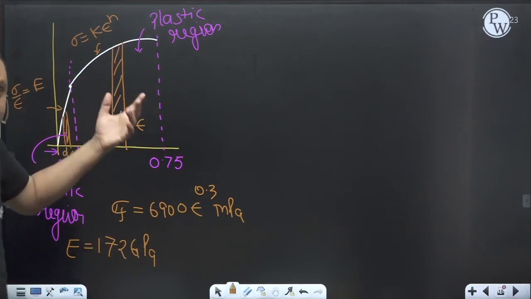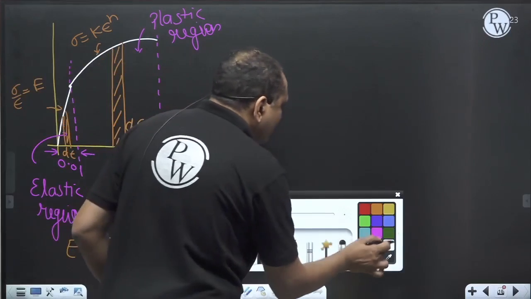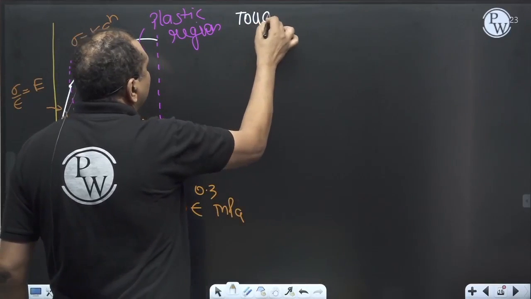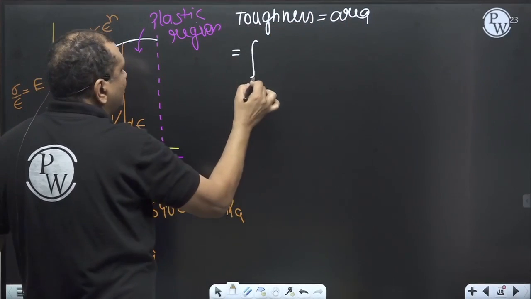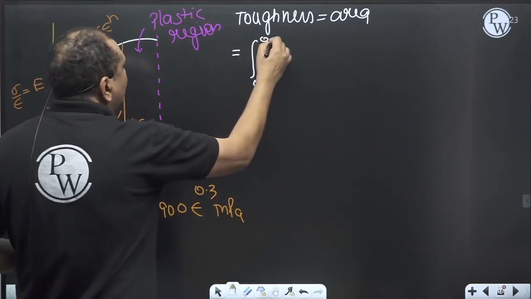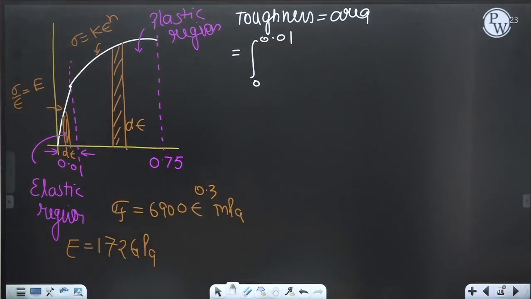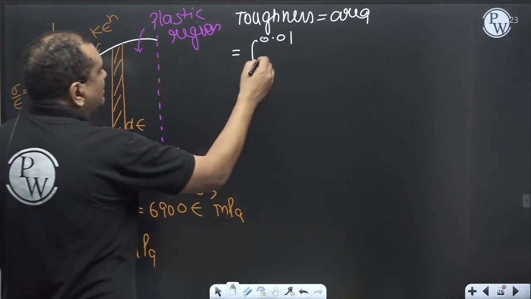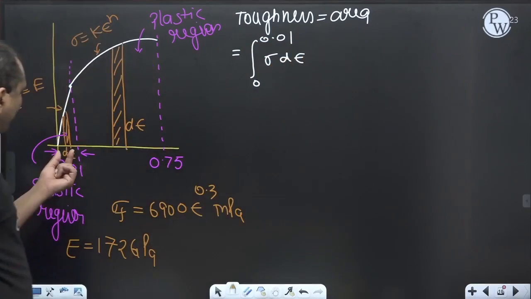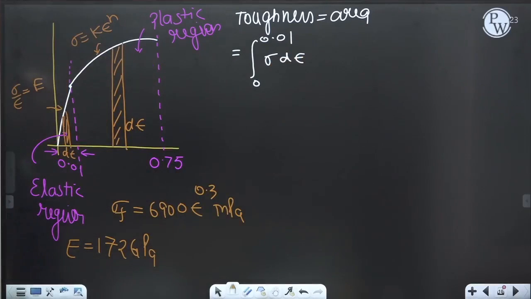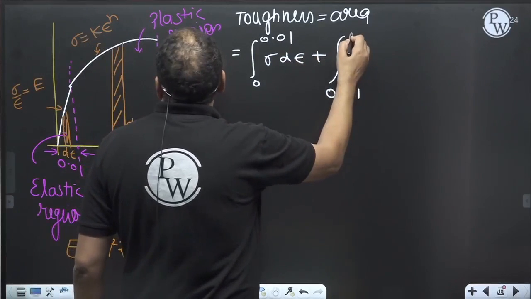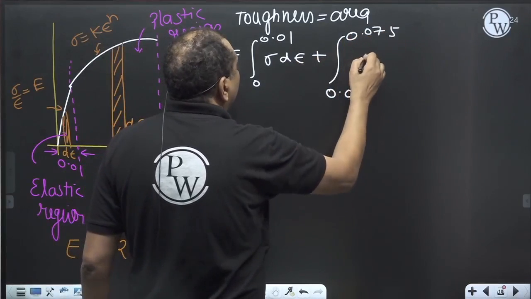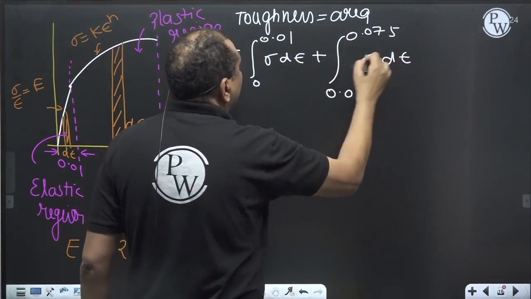So what is the area? It's simple mathematics. The toughness is nothing but the area. So how will I calculate? Integral 0 to 0.01 of sigma d epsilon, plus from 0.01 to 0.075 of sigma d epsilon.